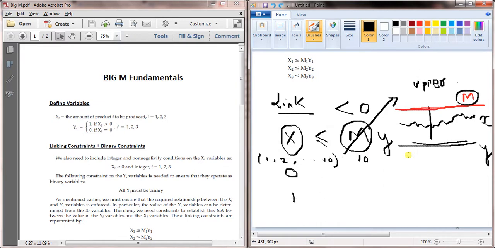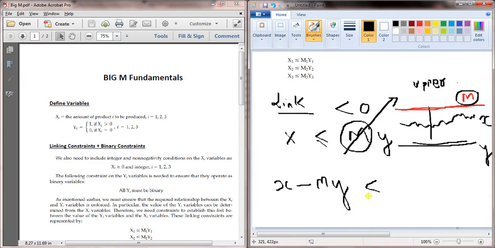And how you can write it in equations is x minus my less than or equal to 0. So this x minus my is nothing but our linking constraint.